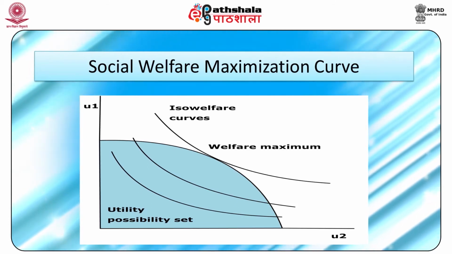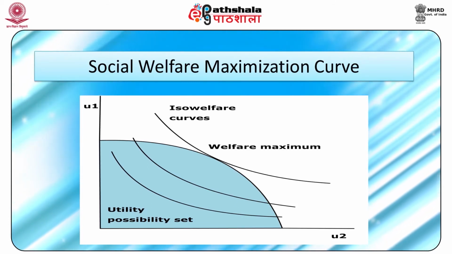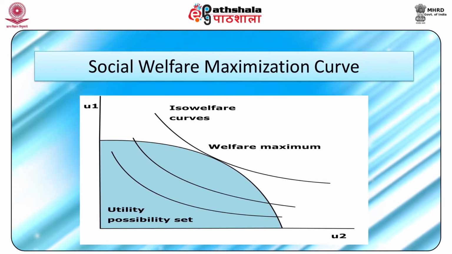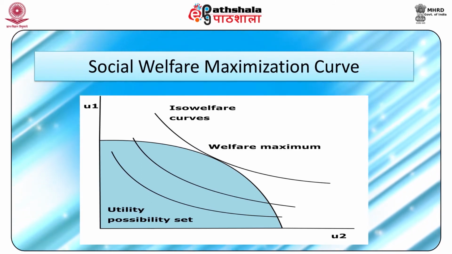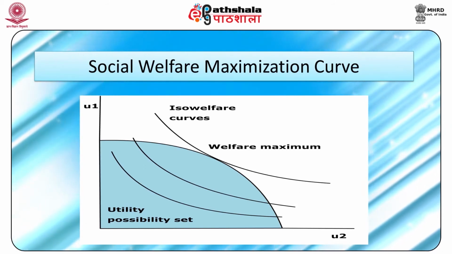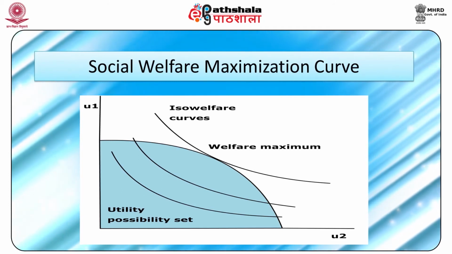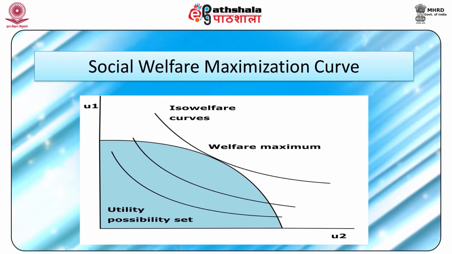It must occur on the boundary of the utility possibility set. The next observation we can make from this diagram is that any Pareto efficient allocation must be a social welfare maximum for some social welfare function.